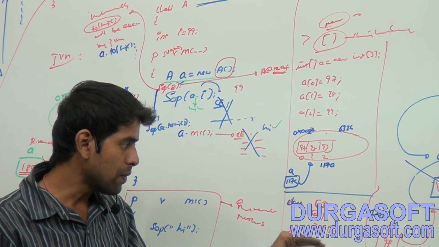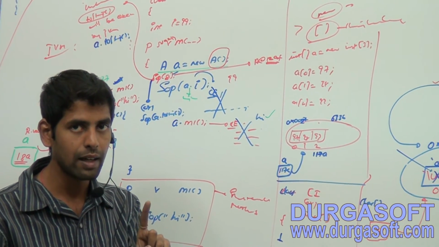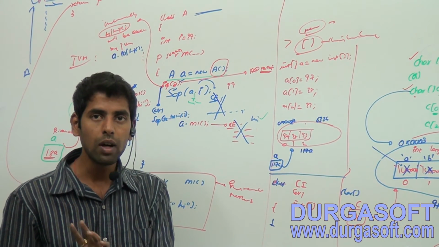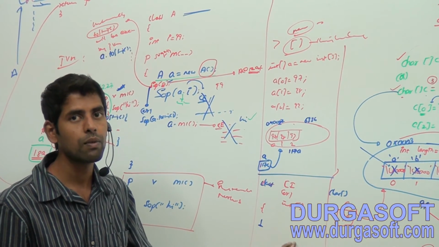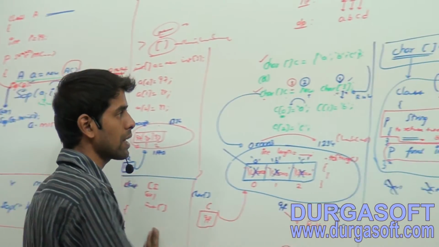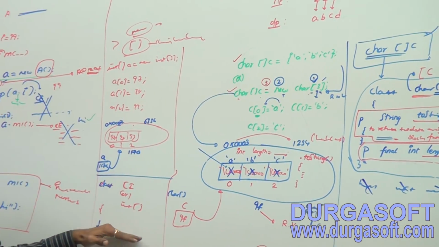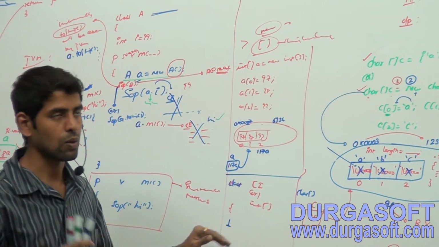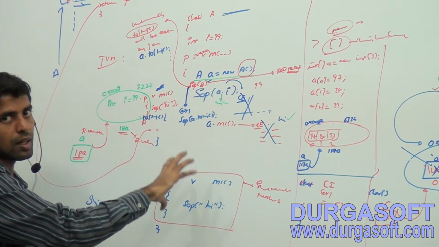Now within this int array class, the toString method is not overridden. Like our char array class, you don't have any toString method here. Even the class is not having a toString method.